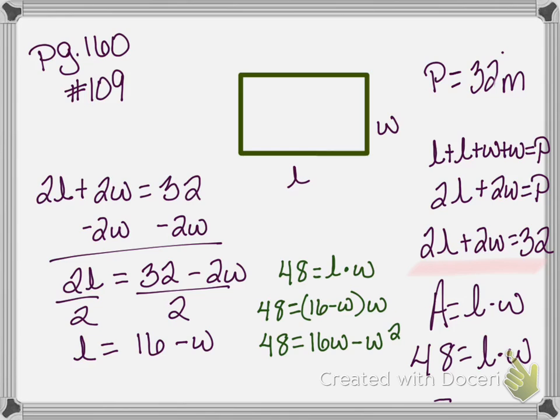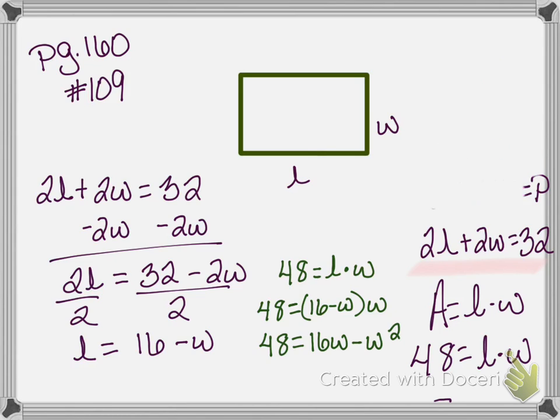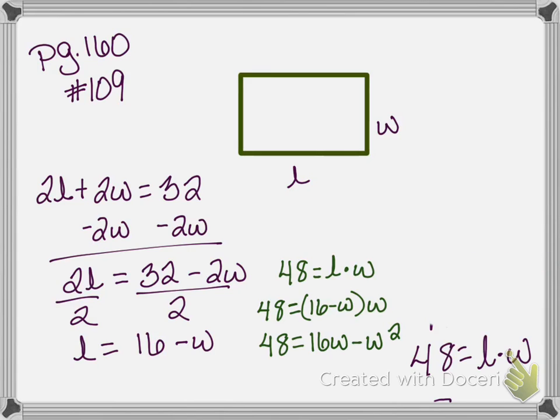Now, in order to solve for W, I need to set it equal to 0. So I'm going to erase this stuff over here just so that I can manipulate this equation so you can see what I'm doing. So I have 48 equals 16W minus W squared.